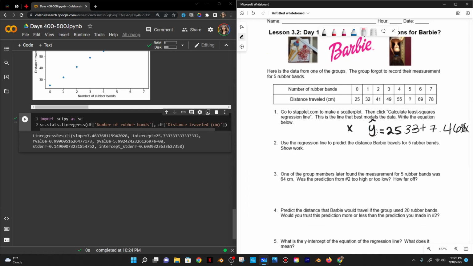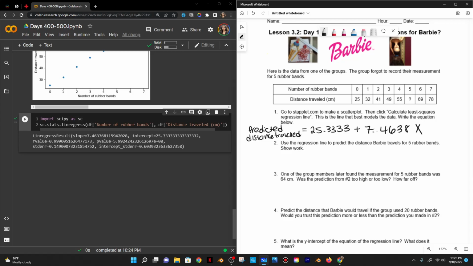And so in context, that would end up being the predicted distance traveled is equal to 25.3333 plus 7.4638x.